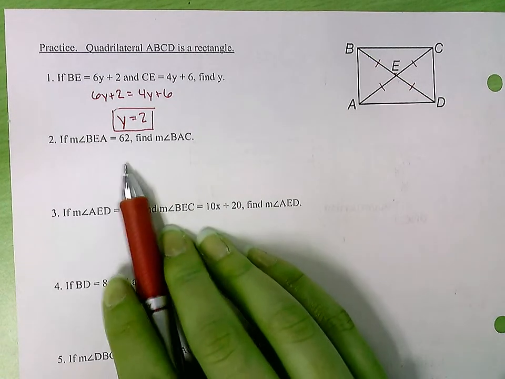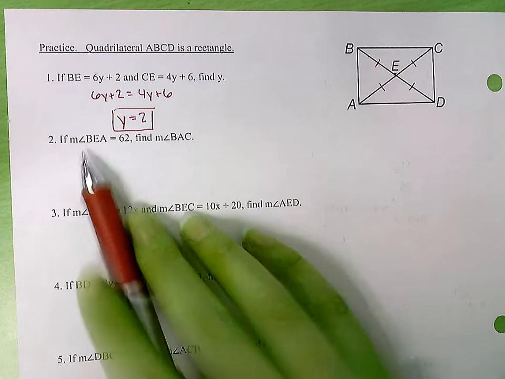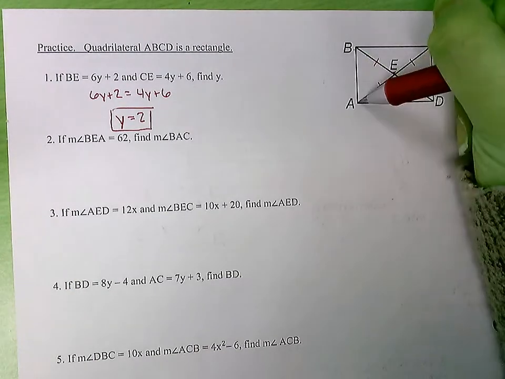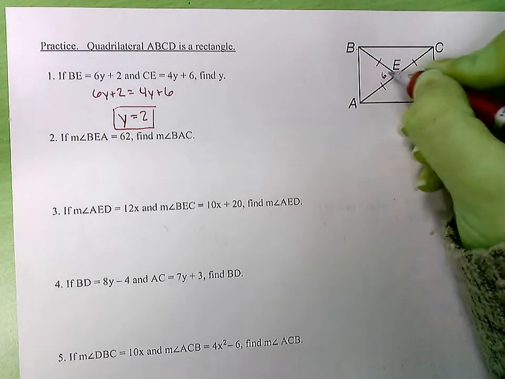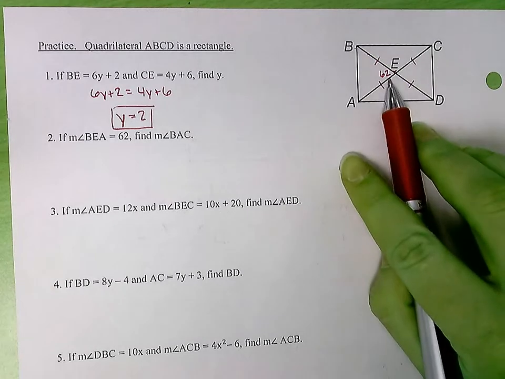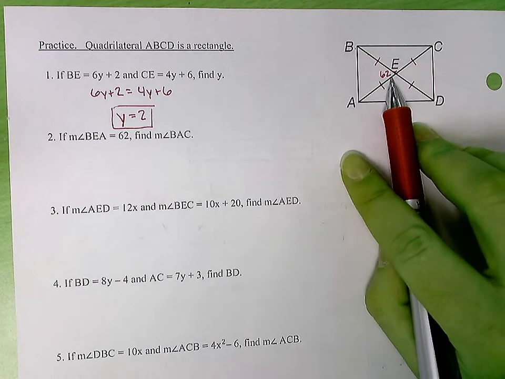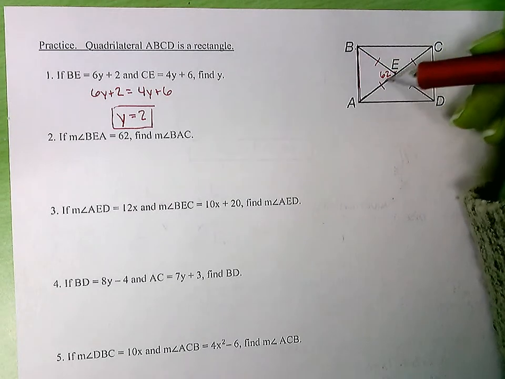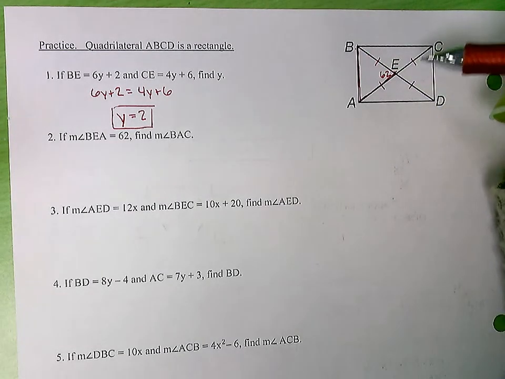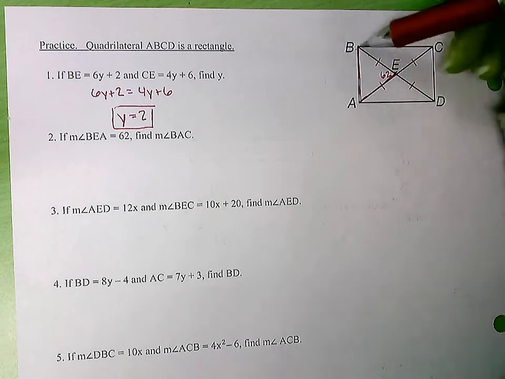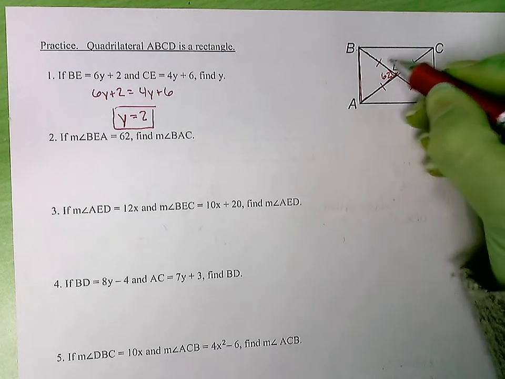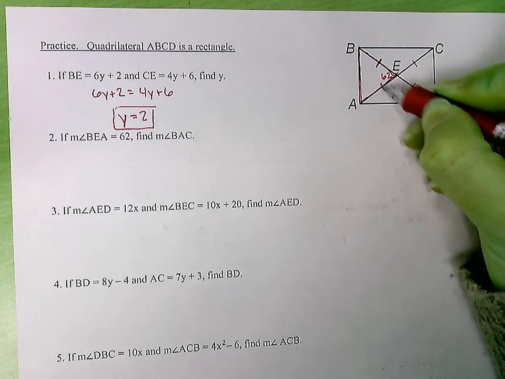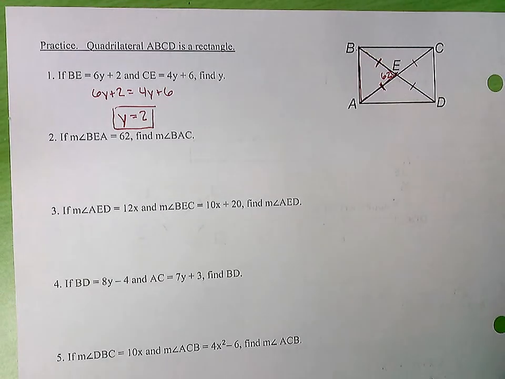For the next one, number 2, angle BEA is 62. That's this angle right here. Now what I'm going to do is look at this triangle ABE. Now this triangle, these two sides here are congruent.